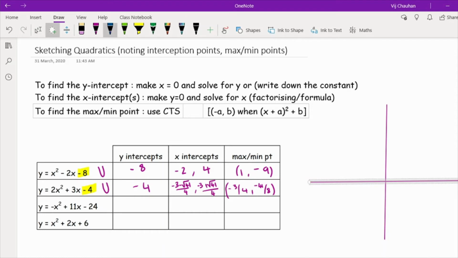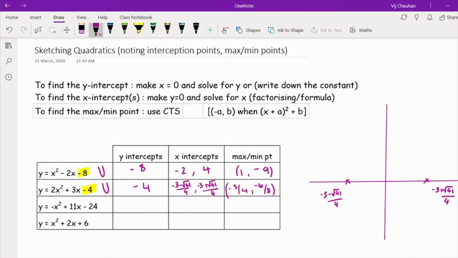Like so. So first things first, let's mark our two x-intercepts. So I know that this is going to be at -3 minus root 41 over 4, and this is going to be at -3 plus root 41 all over 4.